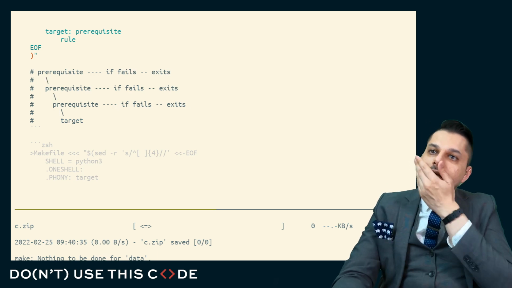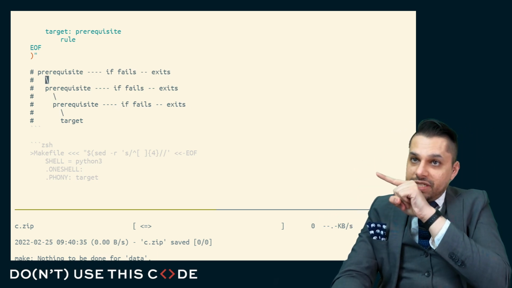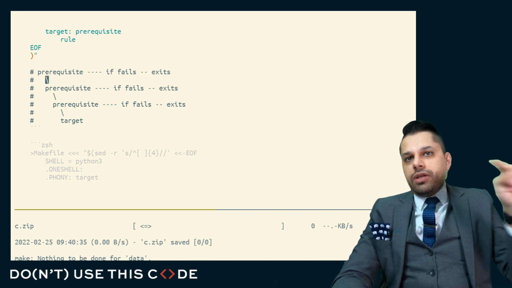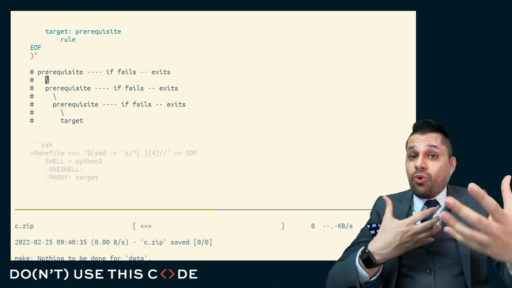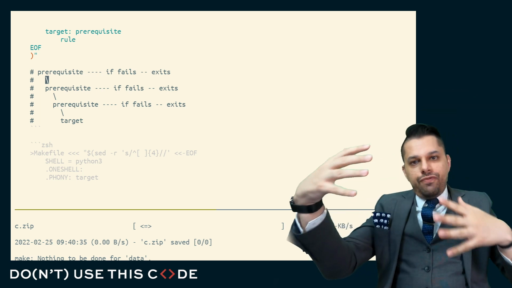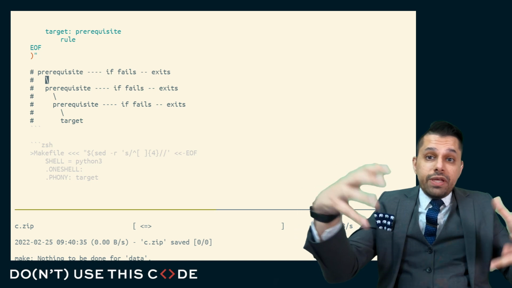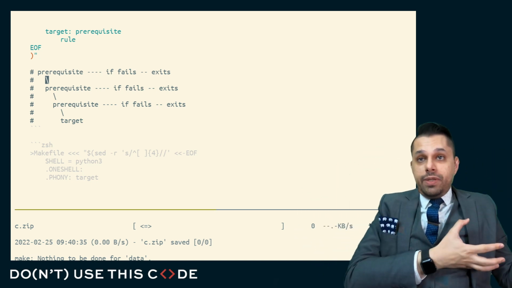So here is a control flow graph from top to bottom. Build the first prerequisite. If it fails, exit. If it succeeds, build the second prerequisite. If it fails, exit. Build the third prerequisite. If it fails, exit. And make figures out the order in which to build these. It figures out the topological ordering, the topological sorting, to make sure that everything needed for the next step is available.